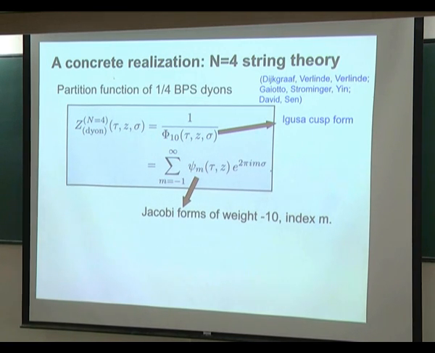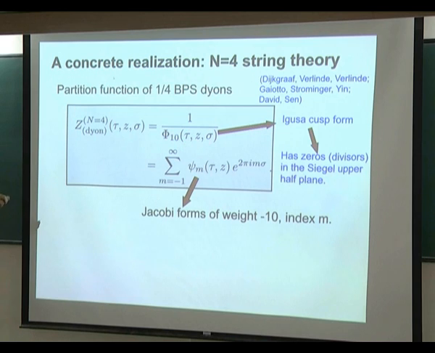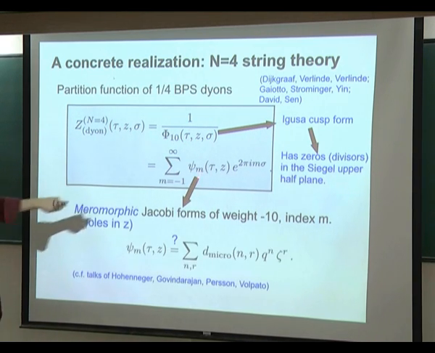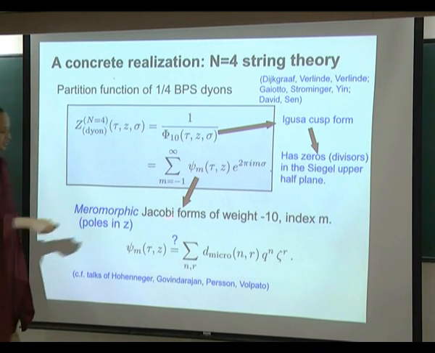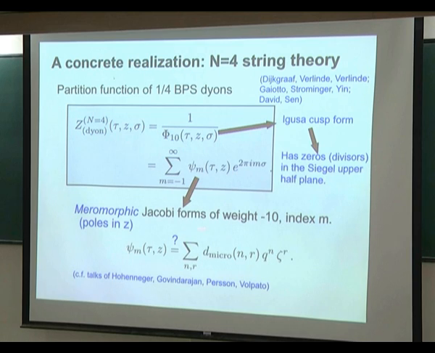The other piece of information we need is that this object has zeros or divisors in the Siegel upper half plane, that is the plane where these guys live. What that means is that if this has a zero, 1 over that has a pole, so psi_m are meromorphic Jacobi forms.